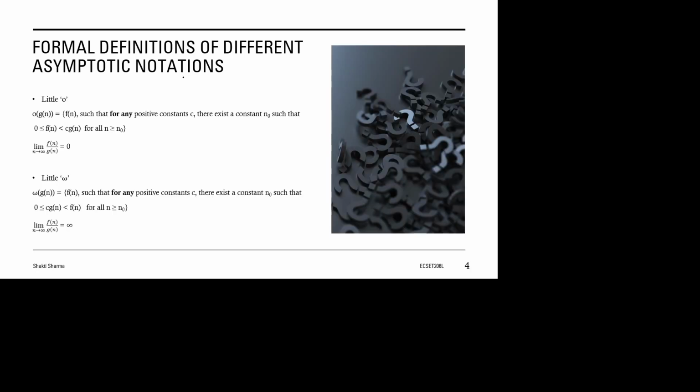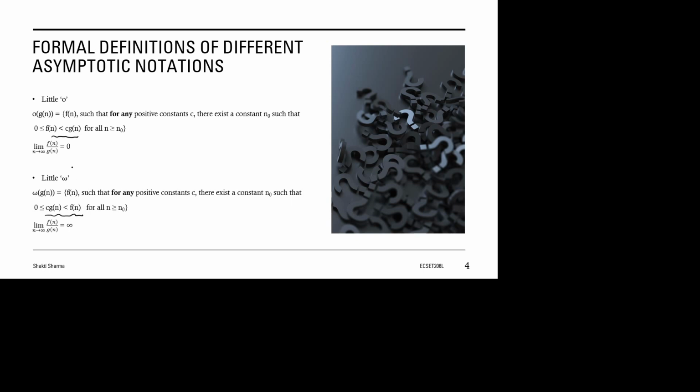Now when we talk about two more representations known as little o and little omega, little o represents the loose upper bound. The only difference here is that now it is not less than or equal to, it is strictly less than. That means the growth of function g(n) is now strictly greater than f(n), or similarly, in the other case, we say the growth of function g(n) is strictly less than f(n).